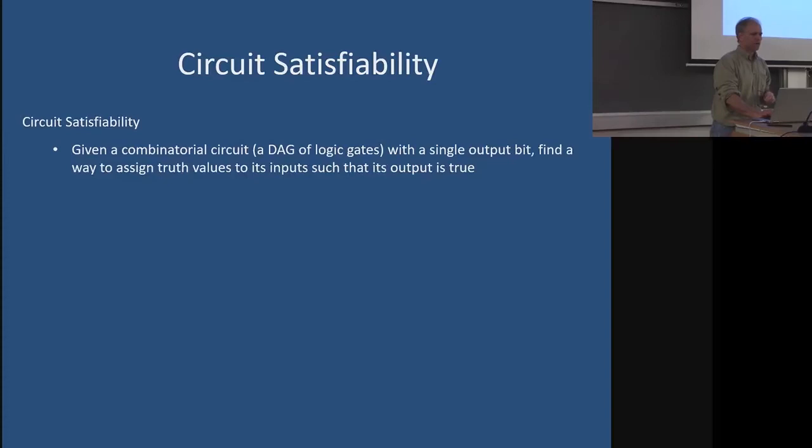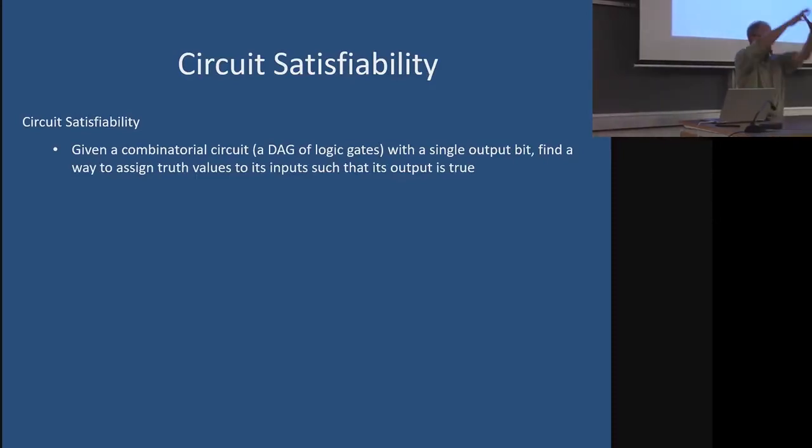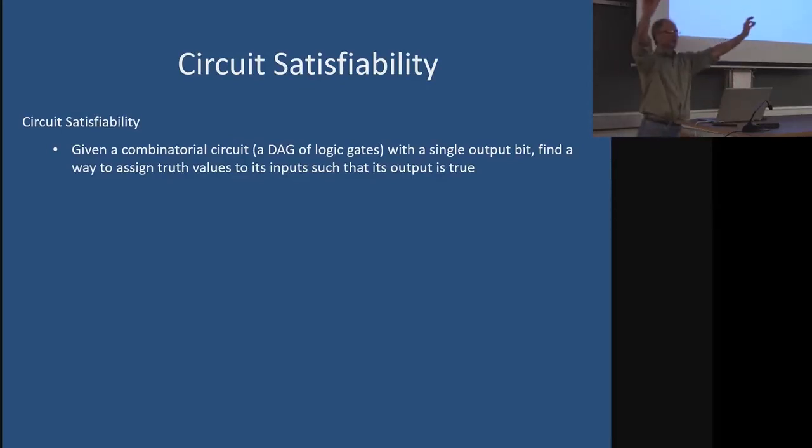And basically, what he said is you're given a circuit, a Boolean circuit, a logic circuit, a combinatorial circuit, meaning it doesn't have flip-flops or feedback. It's just a DAG with the vertices being logic gates. You can think of these as ANDs, ORs, and NOTs. And the problem is you put bits in, you've got inputs coming in at the top, and a single output coming out the bottom.